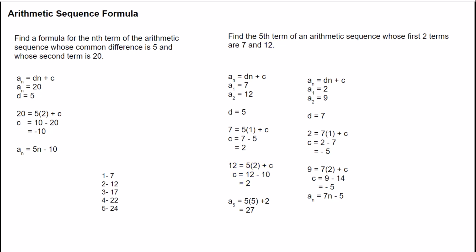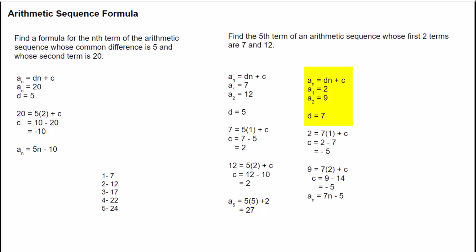So now that we know what the constant is and the value of d, we can come up with a formula for this sequence, and that is a sub n is equal to 5n plus 2. But the question asks us to find the fifth term in this sequence. And now that we know the formula, we can do that by plugging in 5 times the term in question, which is 5 in this case, plus 2, which gives us 27.